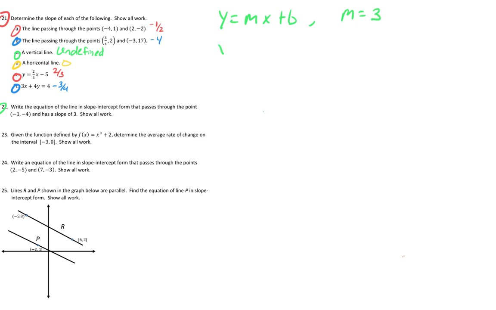So we can plug that in. And then we need to solve for b using our point, where we plug in -1 for x and -4 for our y. Now that we have that in there, we can solve for our b.